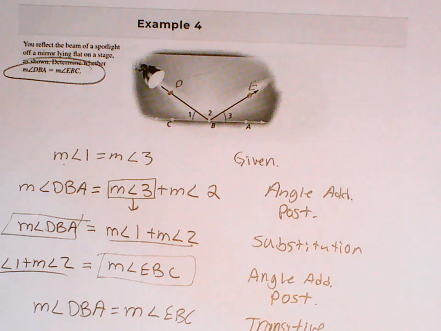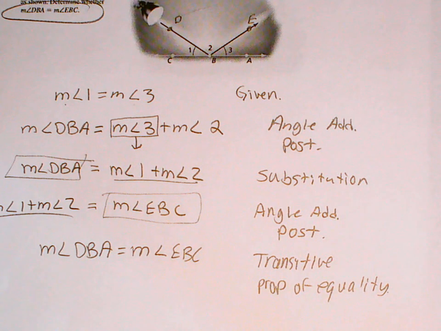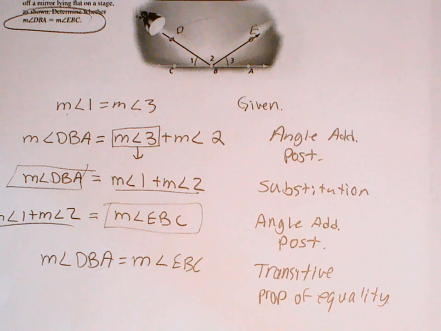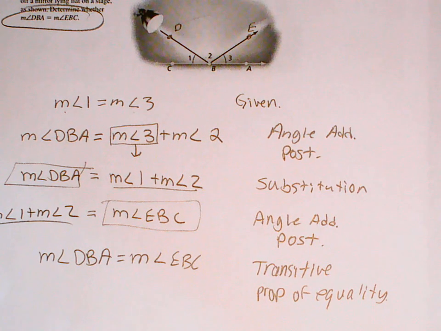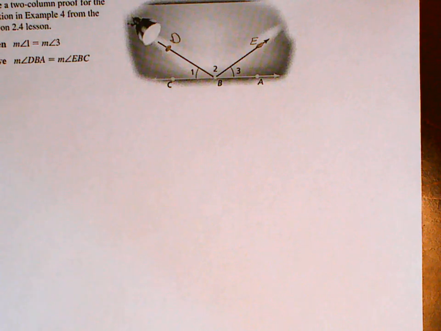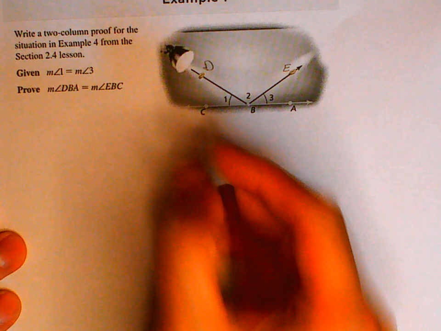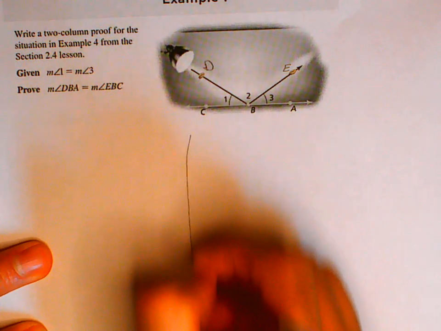It's this one. Okay, that's the one we did. I don't know if you remember it. We're going to convert this into a 2-column proof. All we're going to do is just literally put 2 columns in there. But let's go over it again, just in case you don't remember what was going on. All right, so we're going to make our 2 columns.